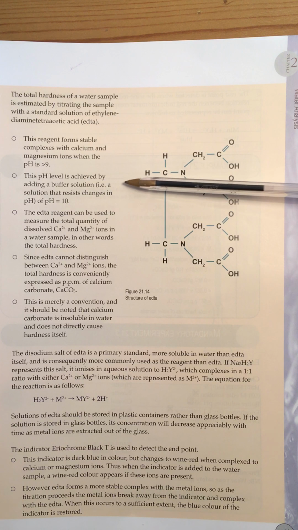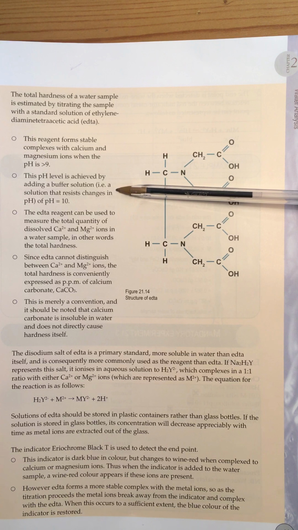Now, a buffer solution is a solution that keeps a reaction at a certain pH. So you pick the buffer to suit the reaction that you're doing. In this case, a pH 10 buffer is chosen. That's useful here because we need to keep the pH above 9 in order for the reaction to occur.